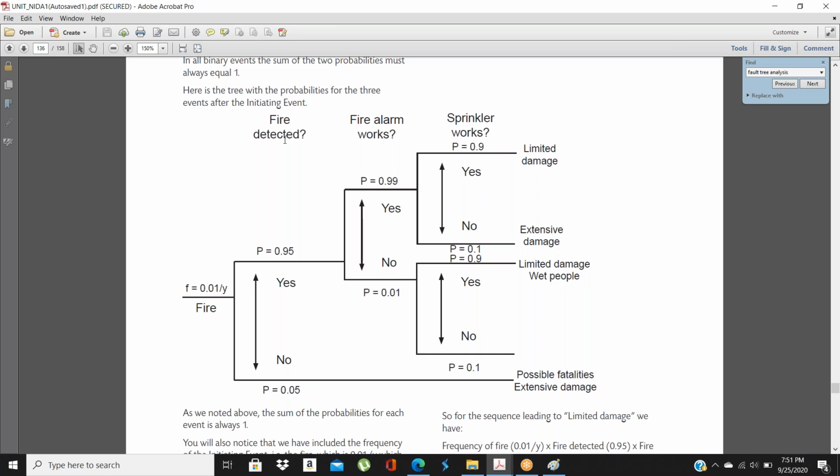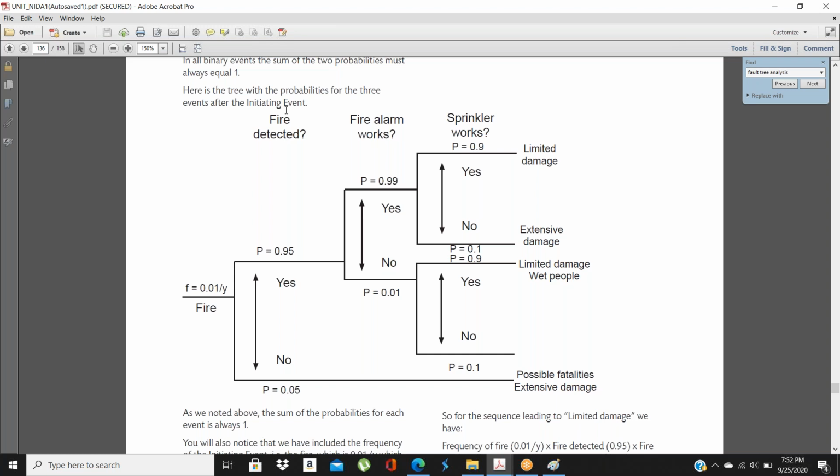For that we need to study one chapter from Roger L. Brewer, which is regarding the reliability of equipment. Then the probability of success and failure will be very clear to you.